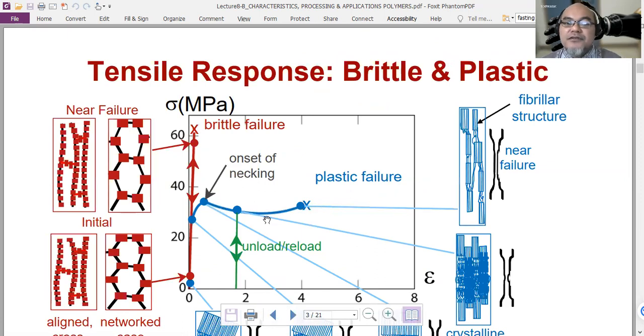What actually occurs in these different polymers? What occurs in the brittle polymers? What occurs in plastic polymers? And also in elastomer. These are related basically to their polymeric structure. In brittle or failure polymer, usually this is for polymer that has a very high Young's modulus.